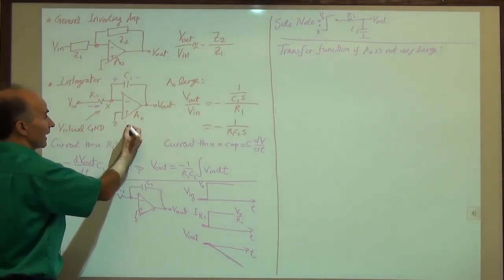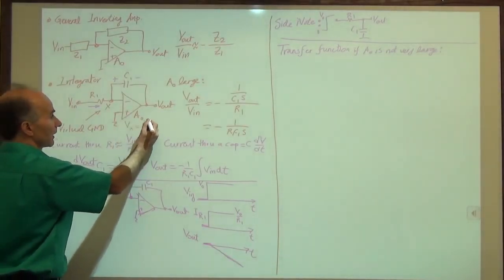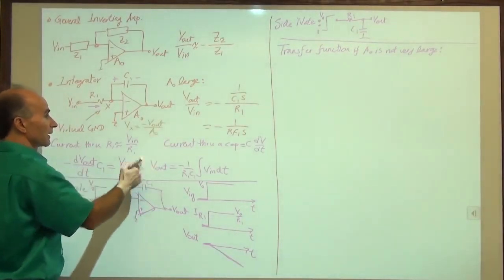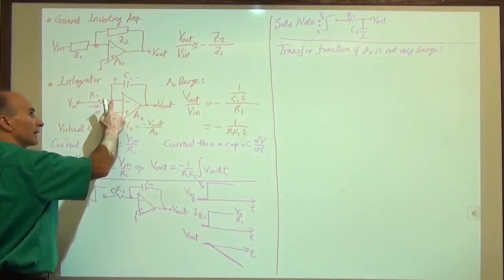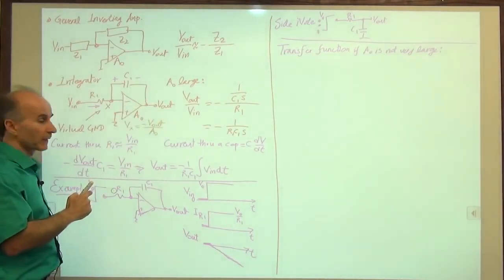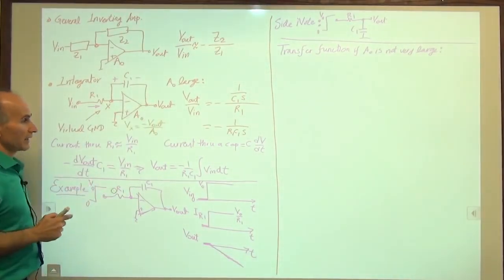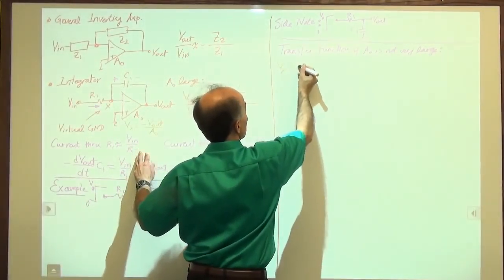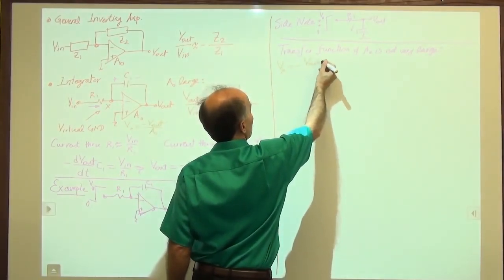So I can say that Vx is equal to minus V out over A0, because A0 times Vx, this voltage times this gain, is minus V out. All right. Okay, so that's the first principle we're going to use. So Vx is equal to minus V out over A0.